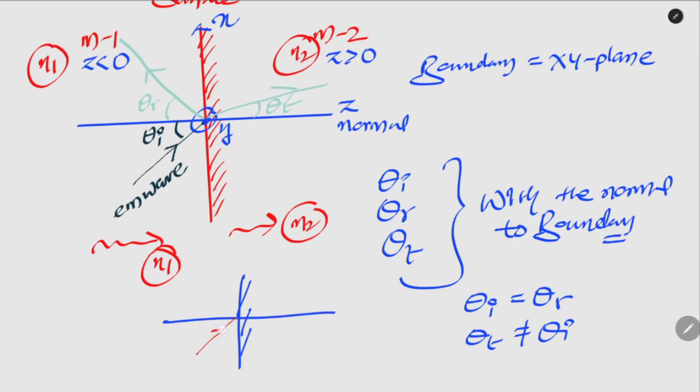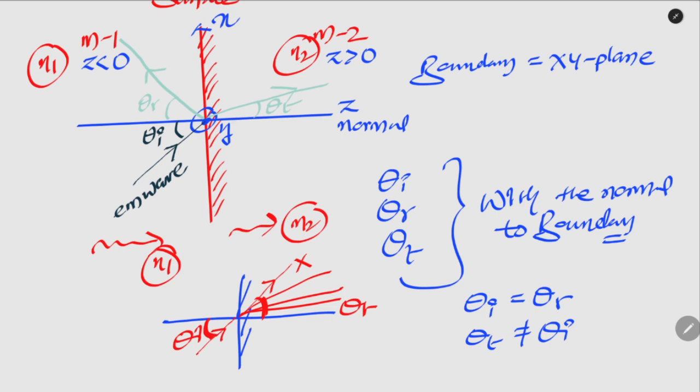If this is the incident wave, the transmitted wave should not go like this, making the same angle. Whatever the angle is here, it is very different from this one. That's why if you draw it like this, it is wrong. We have to make the difference in the angle. It can go like this, or like this. So theta t should be different from theta I. Like that only you have to draw the diagram.